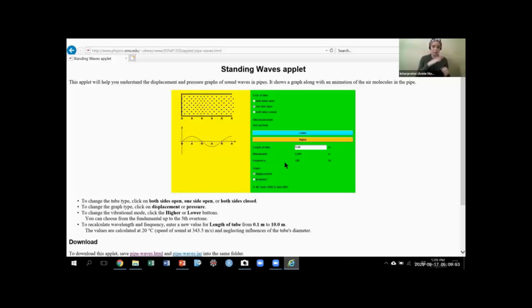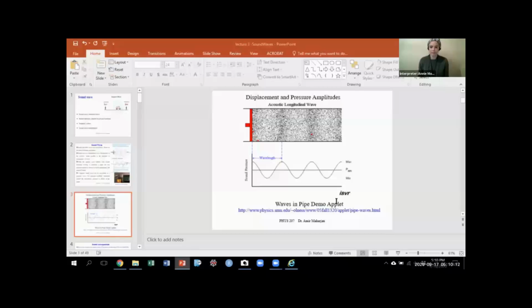That means it's basically a sine or cosine curve. If you consider pressure as a cosine function, the displacement curve will be a sine function. That means they have a phase difference of pi over 2, a 90 degree phase shift. So that's the thing you have to understand first.